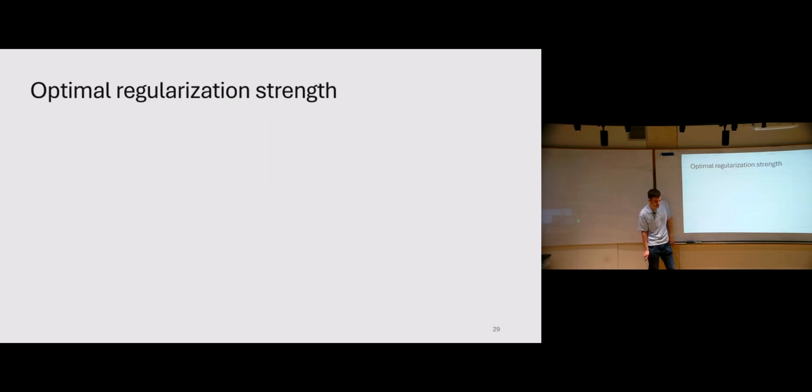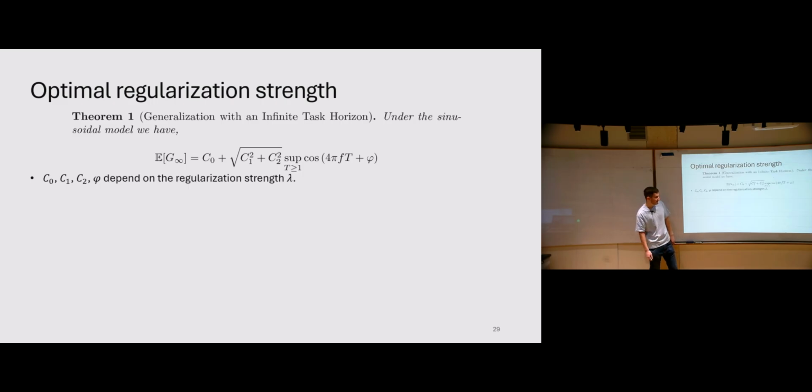So what is the optimal regularization strength in this case? We find that the expected generalization loss, the infinite generalization loss, can be written in a very compact form: C0 plus the square root of C1 squared plus C2 squared times the supremum over the cosinus of some expression.